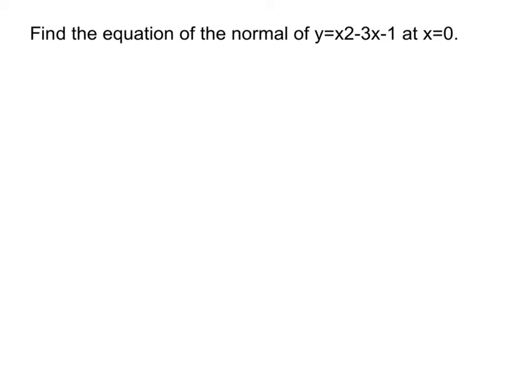Find the equation of the normal. So if we had a parabola, right, and we have a tangent line crossing right there, the normal line is just the line that is perpendicular to the tangent. So just in case you forgot that. And so for perpendicular lines, if we find the slope of the tangent, we just take the opposite reciprocal, and that gives us the slope of the normal line.